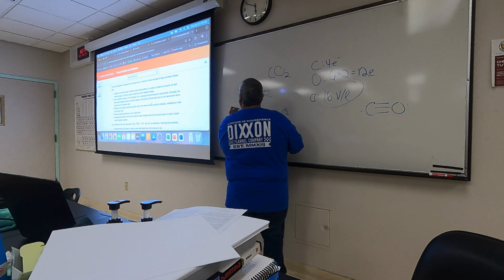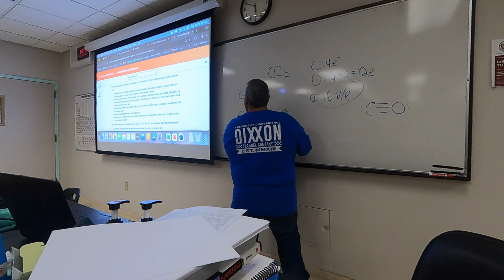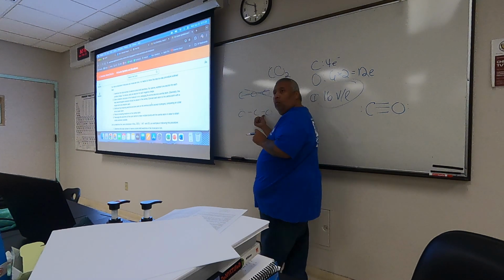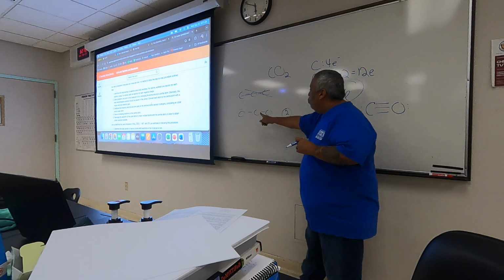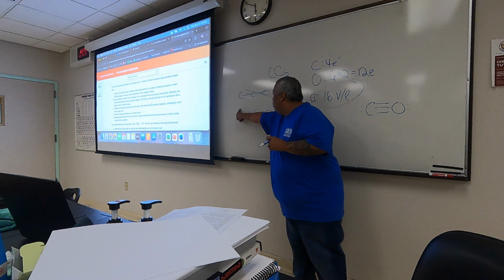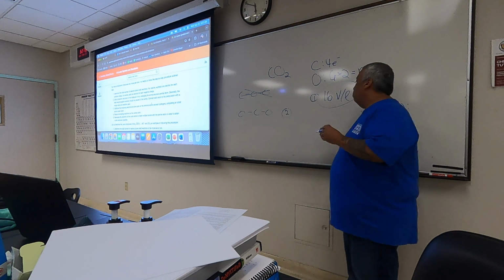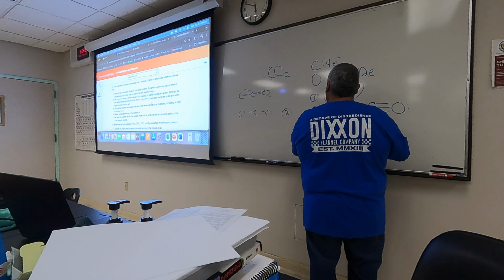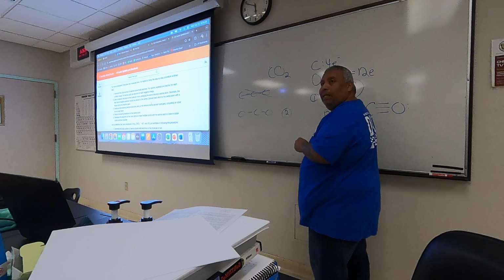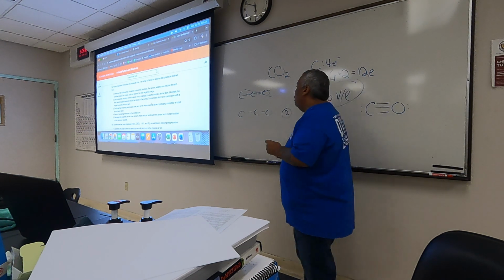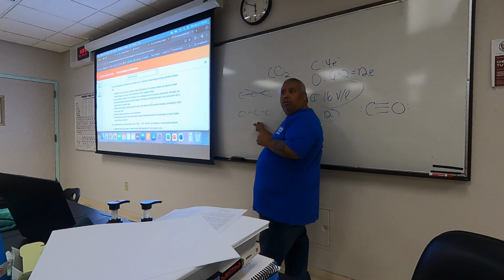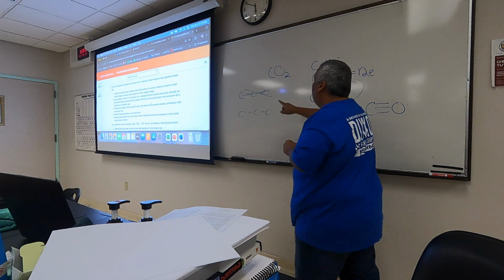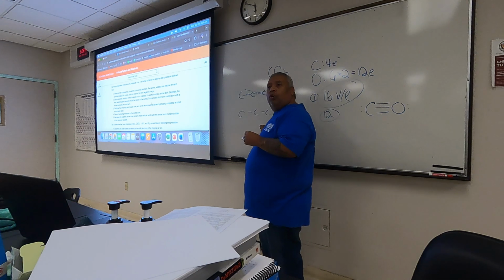Then the next one is we're going to fill, this is 2, 4. So out of the 16 electrons, we've only used 4. So there are 12 electrons left. We're going to fill the terminal atoms up because we want to get the octet rule for the terminal atoms.